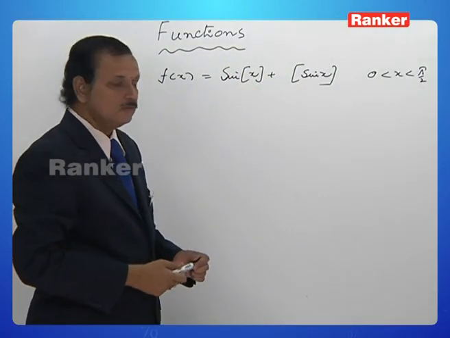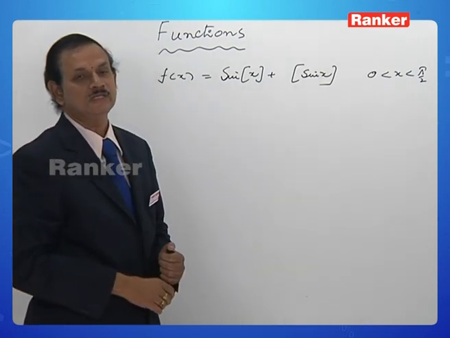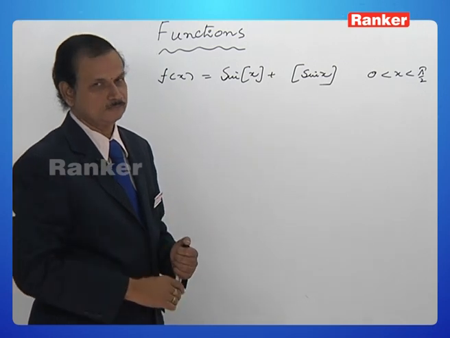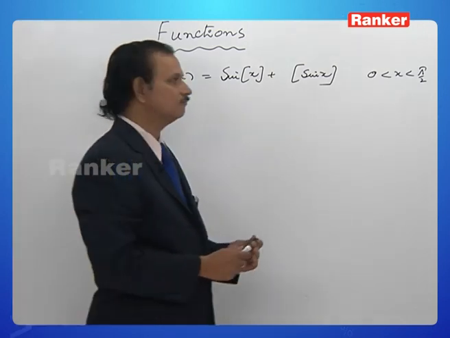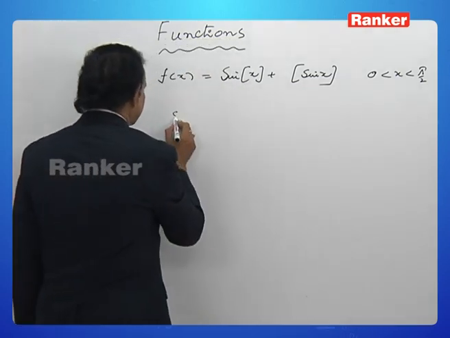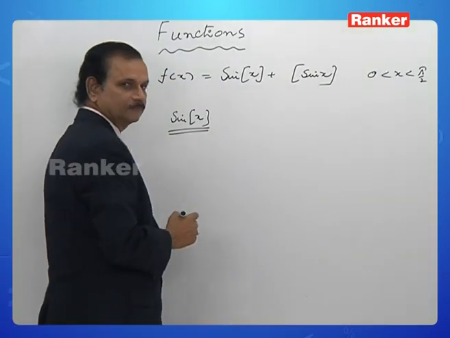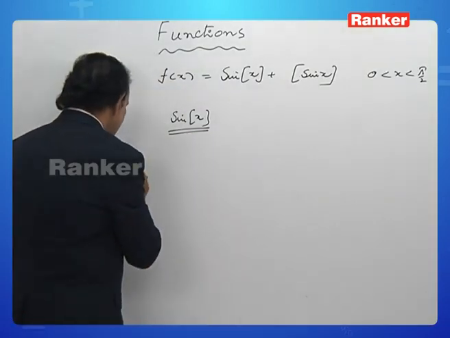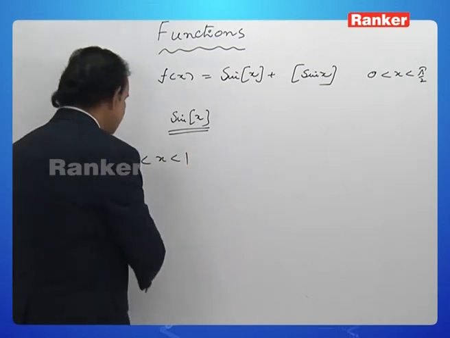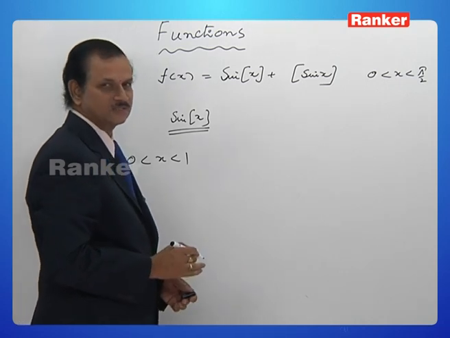Let us now split that interval 0 to pi by 2 as 0 to 1 and 1 to pi by 2, in 2 parts. First of all, let us try to find sine of integral part of x. 0 less than x less than 1 is one case, and 1 less than x less than pi by 2 is the other case. It is an easy matter to discuss.